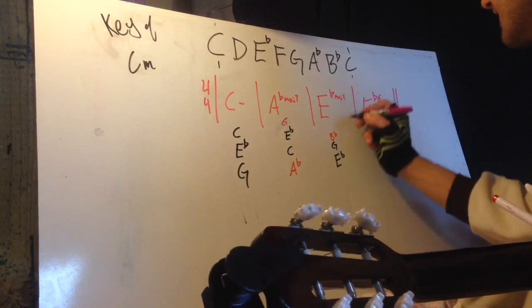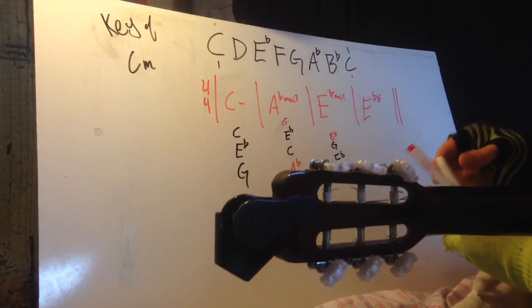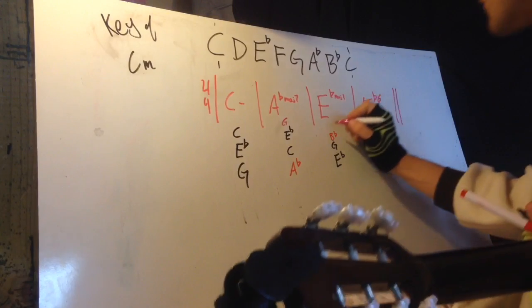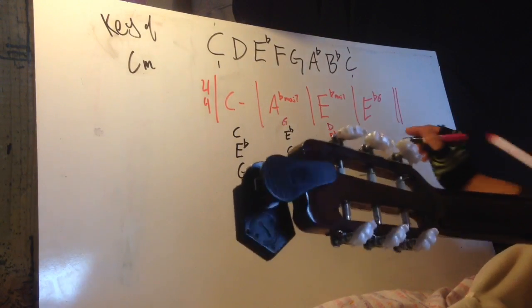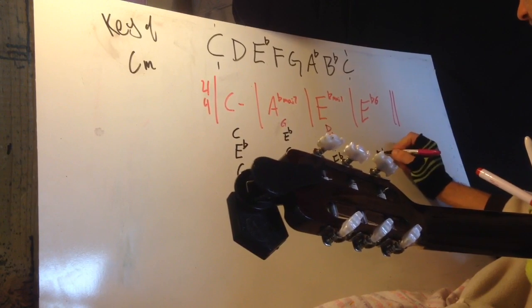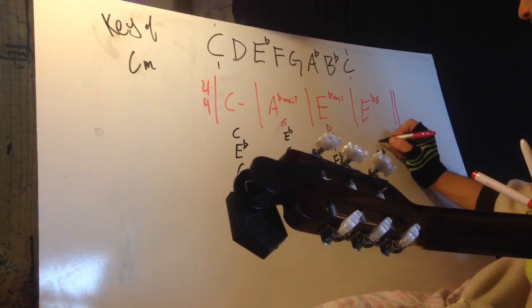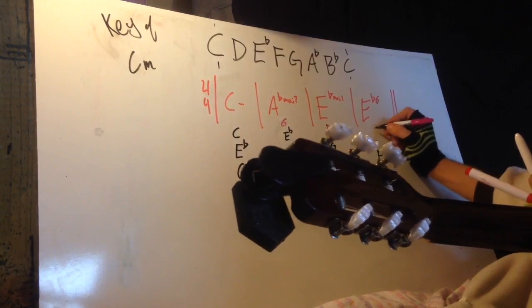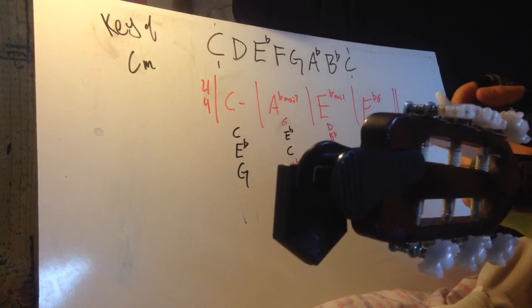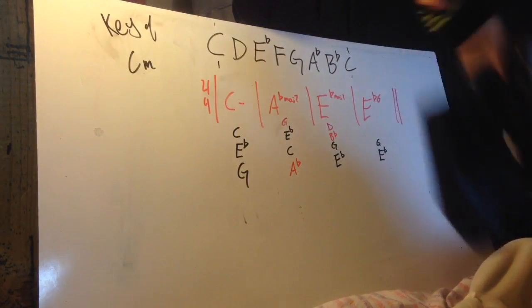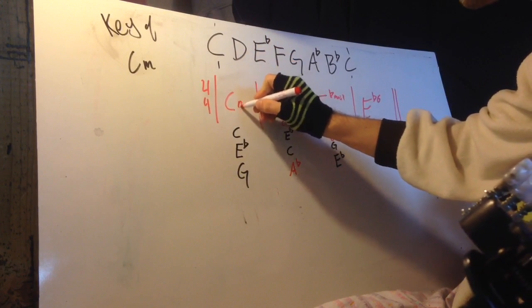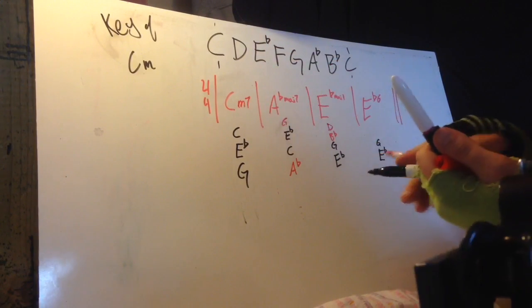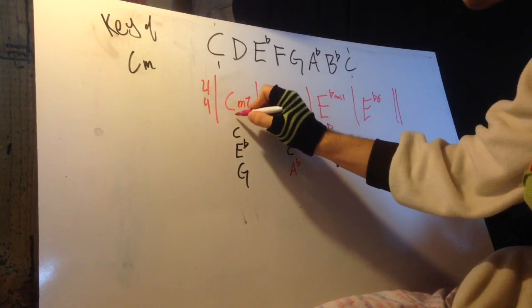And then there's the D, which is a non-chord note, D. And then we have E flat again, G, 7. Let's put that B flat.